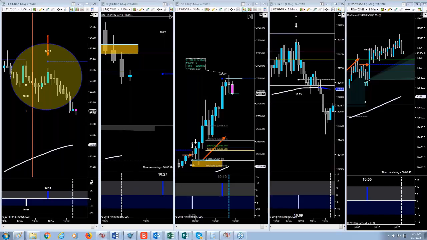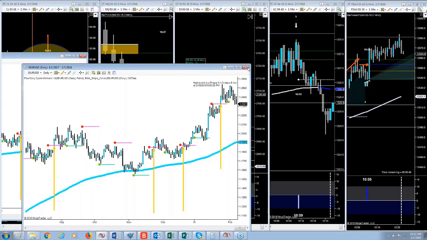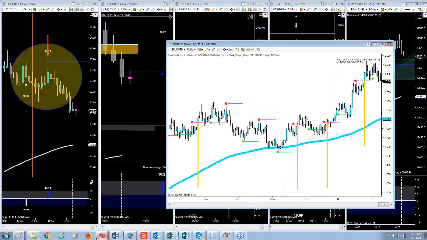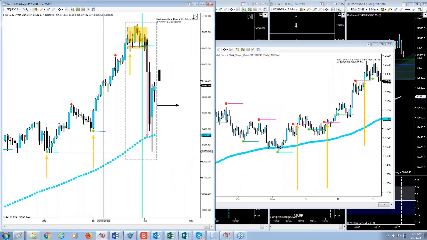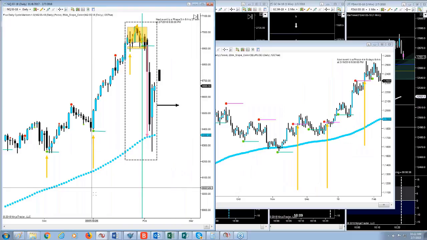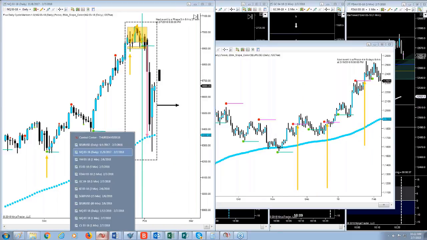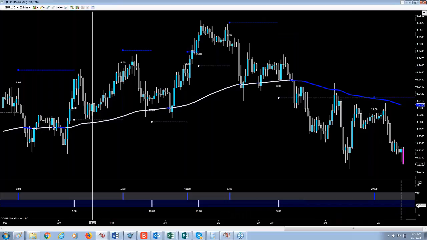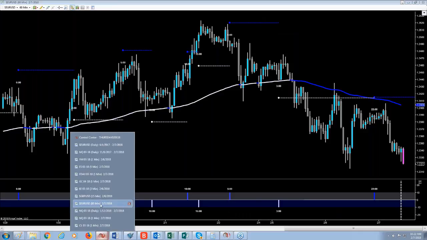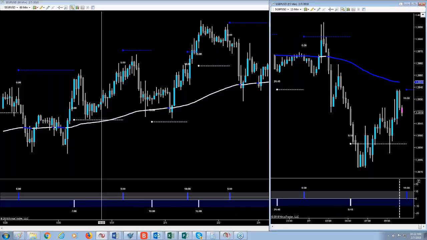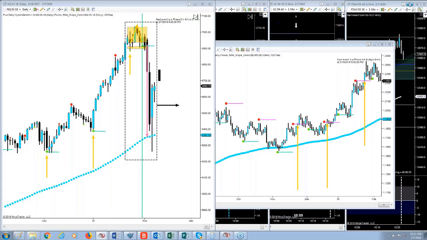My Euro daily chart. My NQ daily chart that we just did. And Euro 60, pound dollar 15. Okay, we're good. Just make sure it's all there.